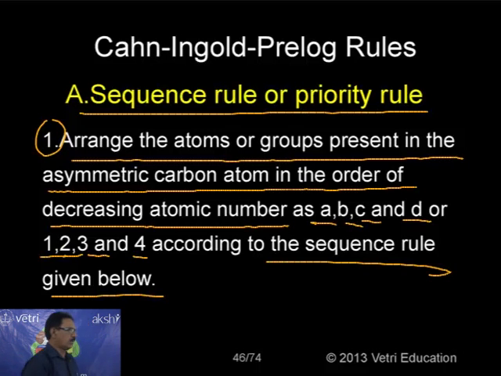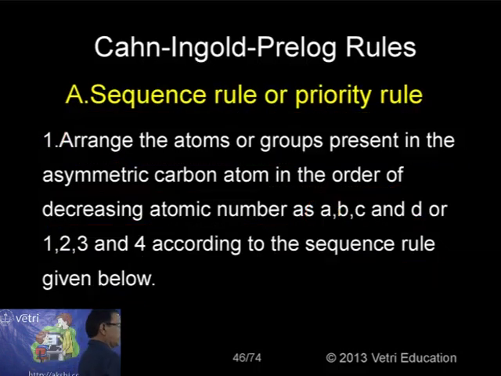The atom or group having the highest atomic number will be given A or number 1, the next B or 2, the next C or 3 and the lowest D or 4. This is the way we have to give the numbers.